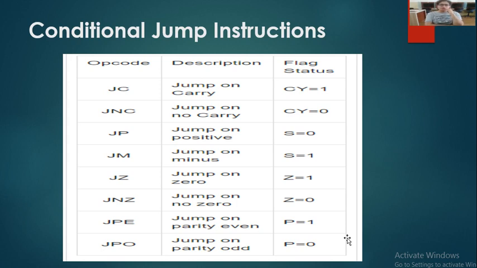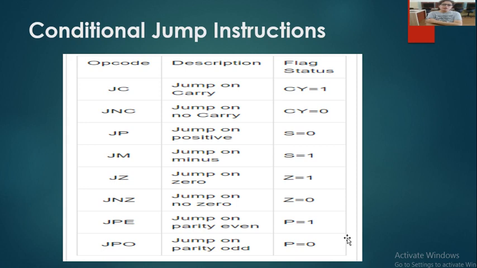But in case of conditional, it will jump to the location only if the condition is true, and in that case we also have to make use of an address. These are the conditions I have explained to you. Another way the question can be asked from this section is what is JNZ, what is the JPE instruction, what is the JC instruction.